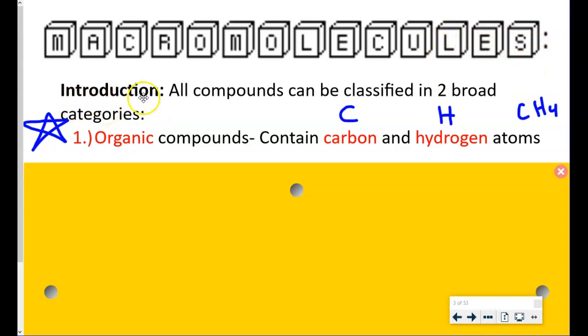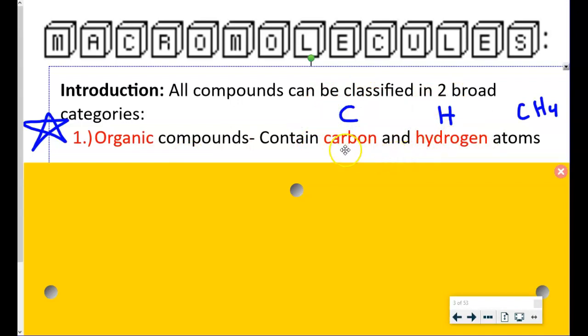Introduction: all compounds, so all chemicals on planet Earth, can be classified into 2 broad categories, or 2 big groups. The first group is organic compounds. If you are an organic chemical, you must have carbon atoms and hydrogen atoms.